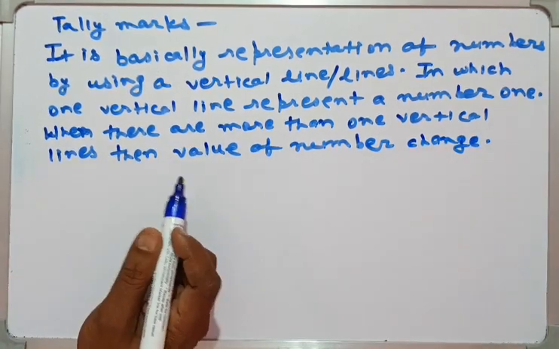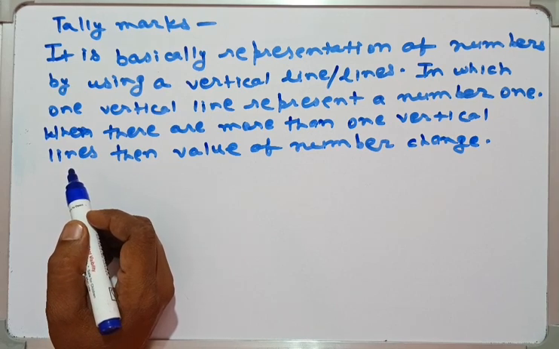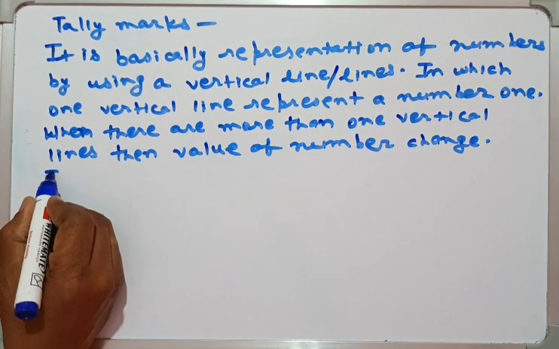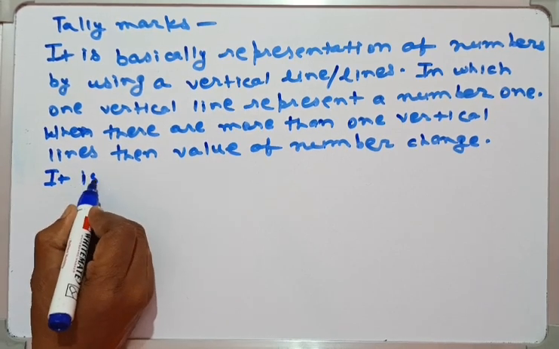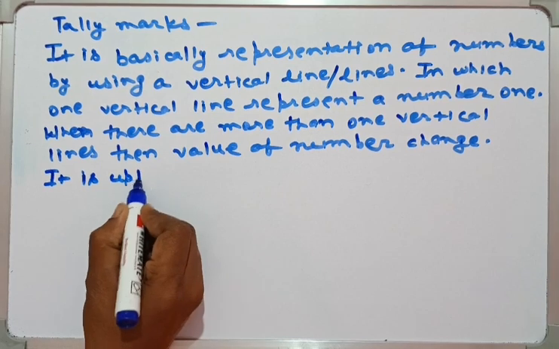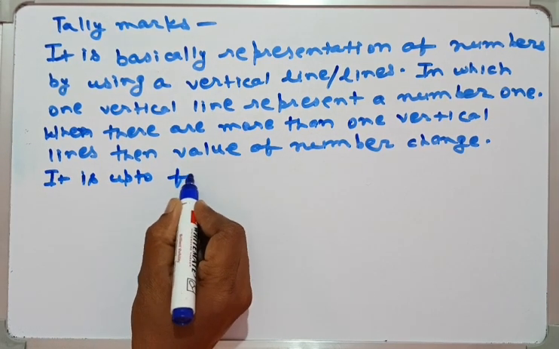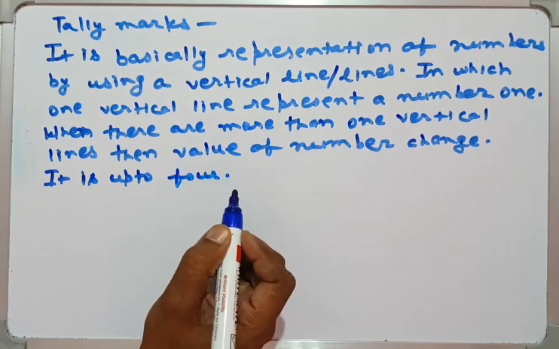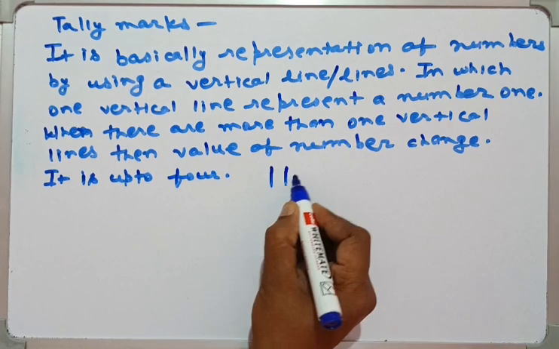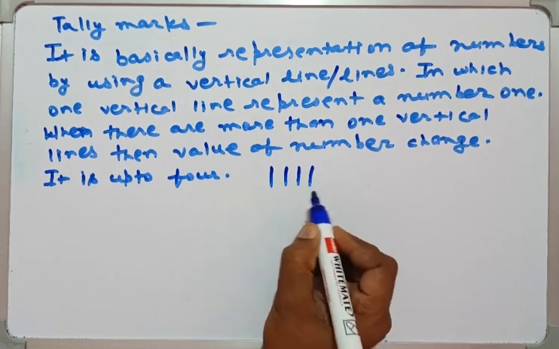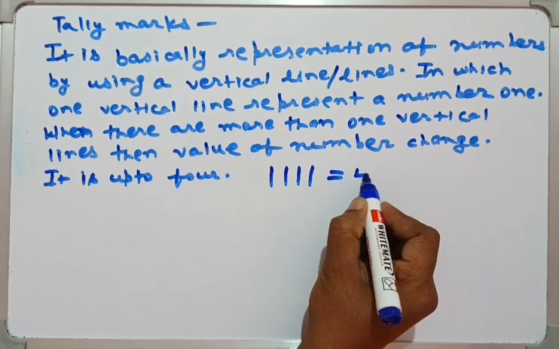There is also a limitation of vertical lines. It is up to 4. Meaning is that you can only draw 4 lines, which represent a number 4.